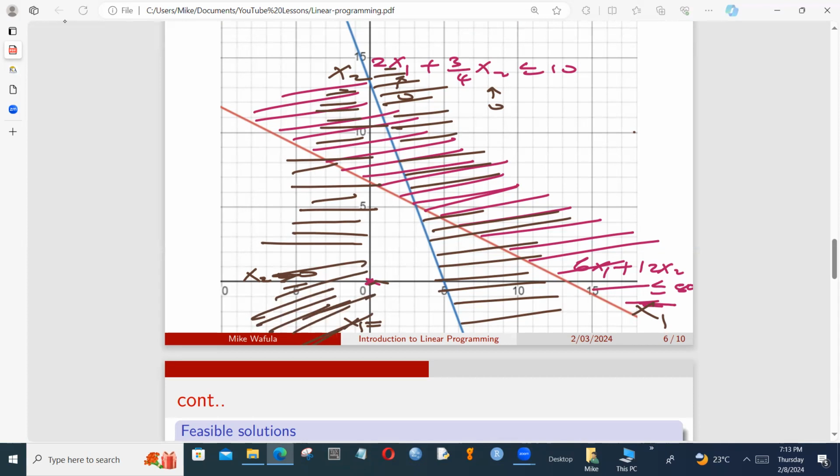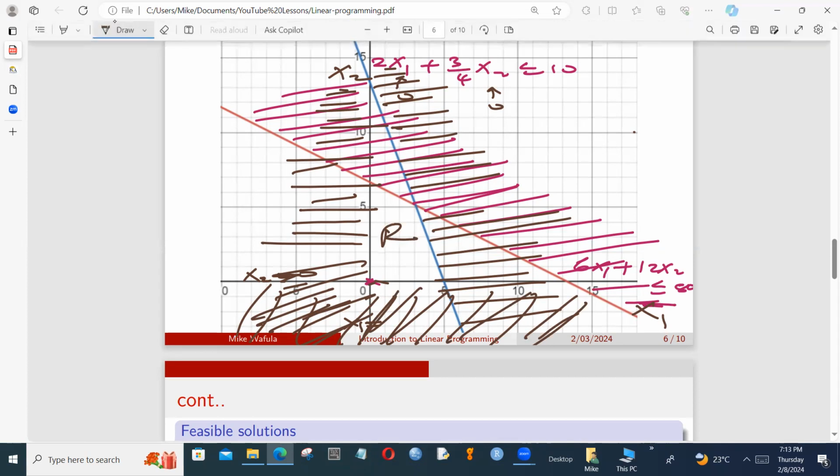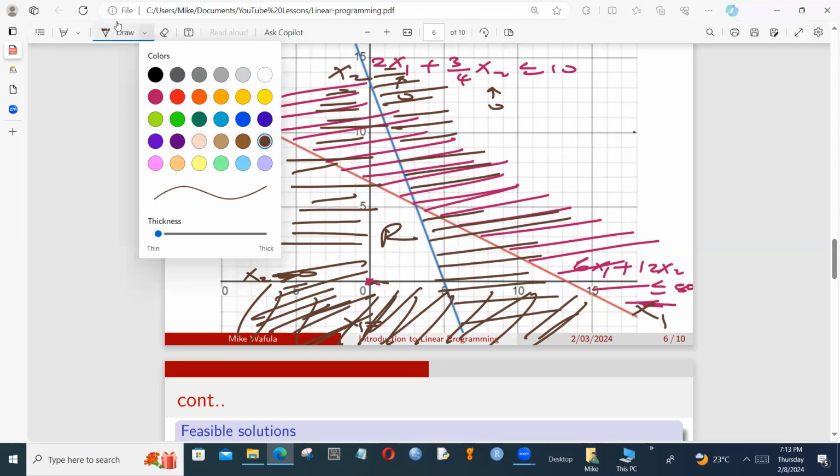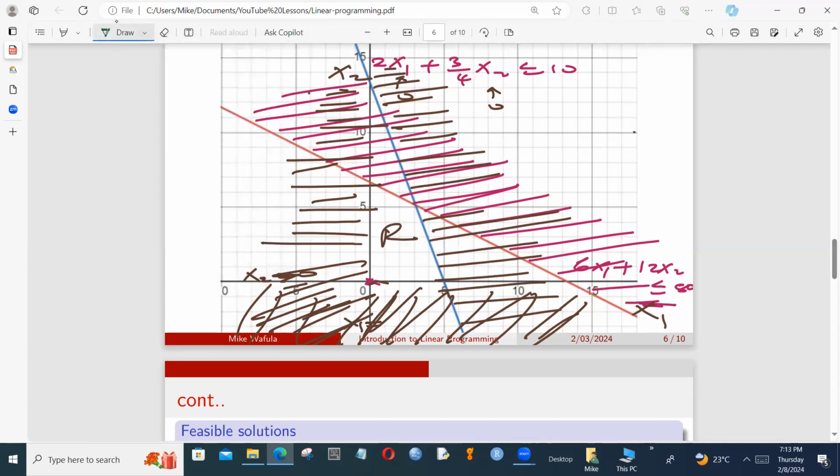And also, when you look at x1 greater than 0, we shall also be shading the lower side of this. And so we are getting this particular region that I'm calling R. So R is actually now the feasible region, the region satisfied by all the inequalities.